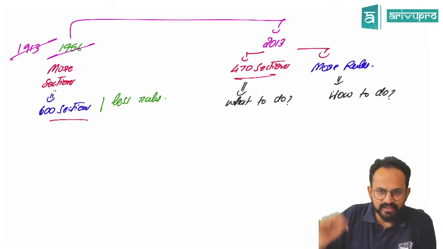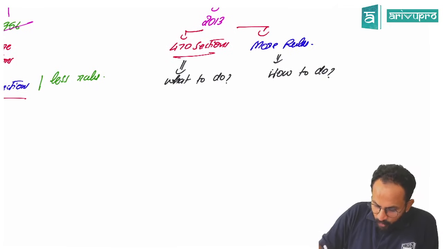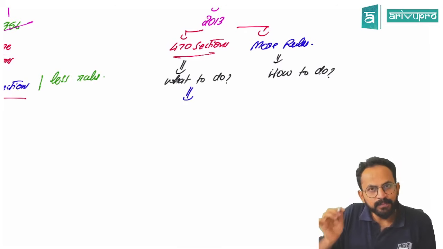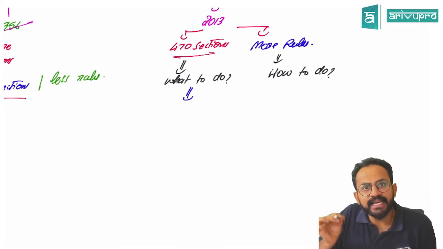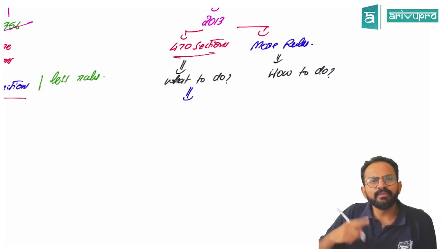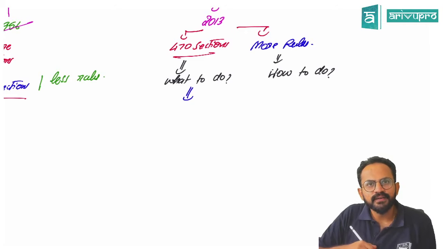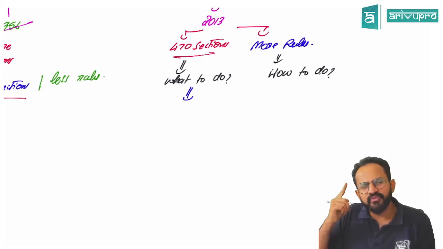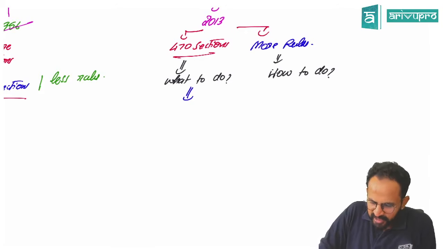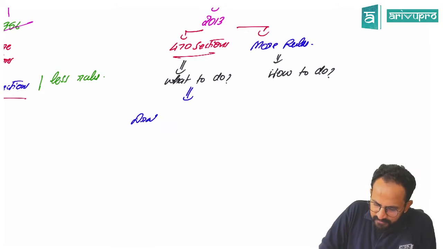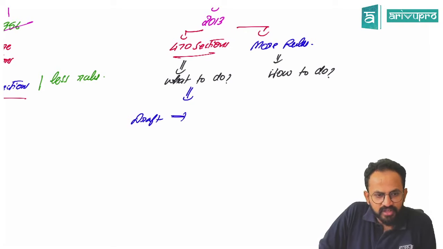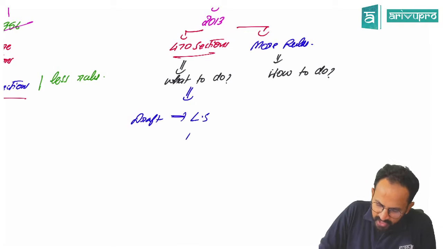Always listen. If you want to change anything in the section, you remember how a law is made. On the first day I had told you, there will be a draft bill which will be submitted in both houses, Lok Sabha and Rajya Sabha.